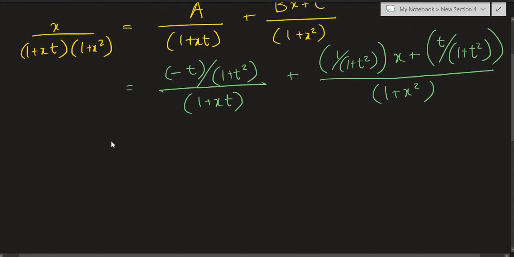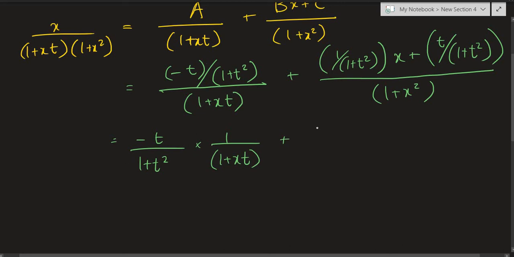So let's just write this properly now. We have negative t divided by 1 plus t squared times 1 over 1 plus xt. We can factorize out the 1 over 1 plus t squared term from everything.